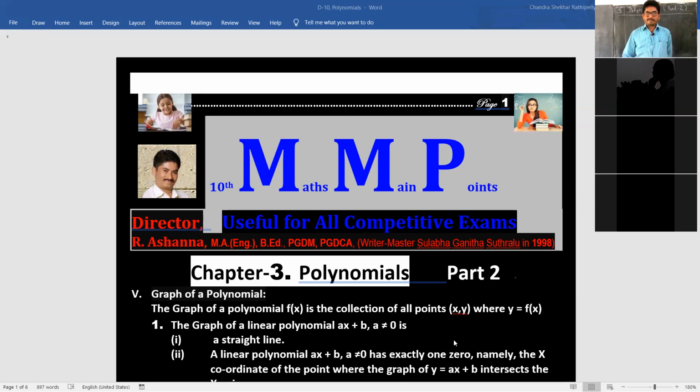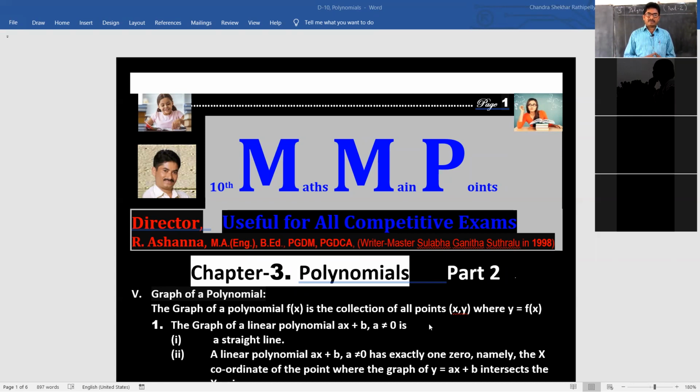The general form or standard form of a linear polynomial is dash. Degree 1, so the structure is ax plus b. The general form of a linear polynomial is ax plus b.